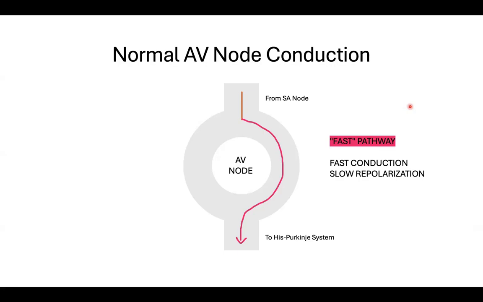But what is also going on simultaneously is we have electrical activity still traveling within the AV node through what we call the slow pathway, which is characterized by slow conduction but fast repolarization.